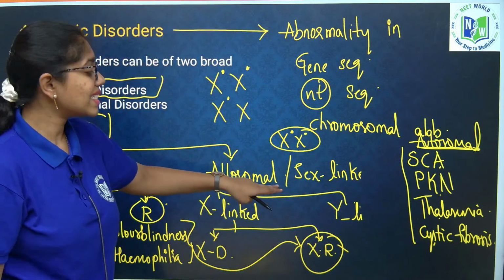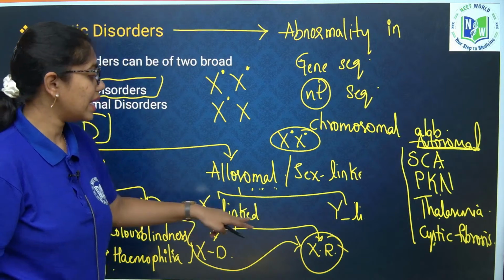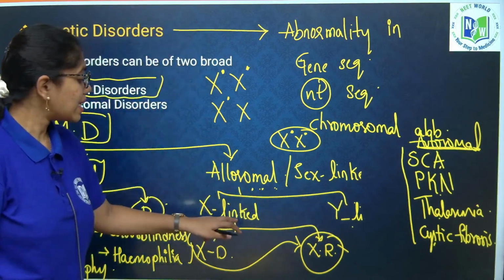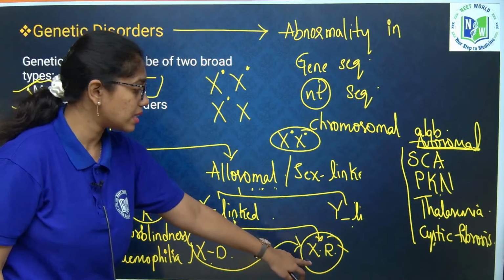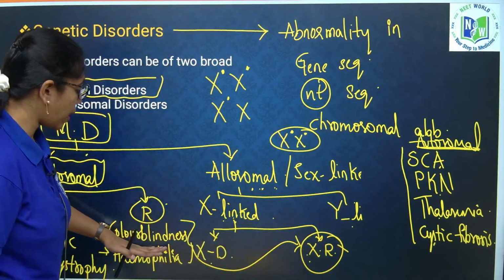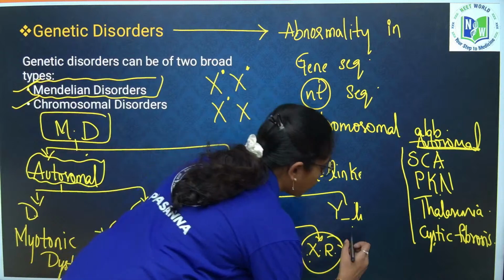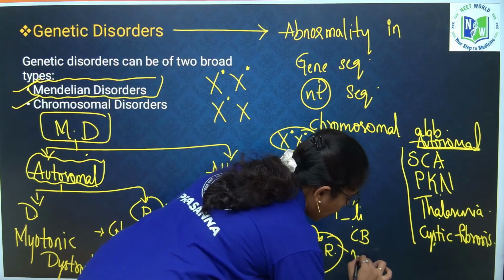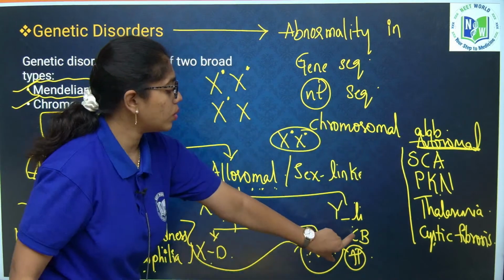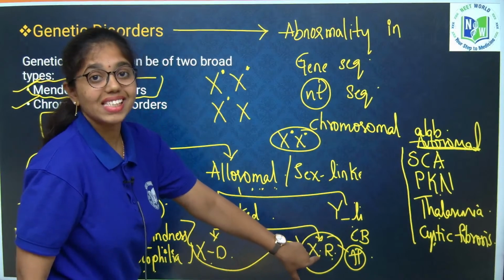X-linked or sex-linked diseases include X-linked and Y-linked diseases. X-linked recessive diseases include color blindness and hemophilia. These two diseases you have to learn under X-linked recessive.